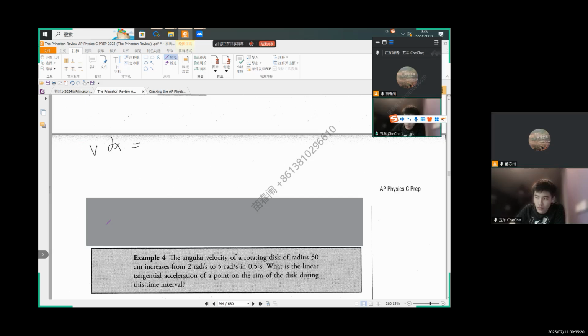Okay, so that equals the change in velocity over the change in time. Oh no, w, right?